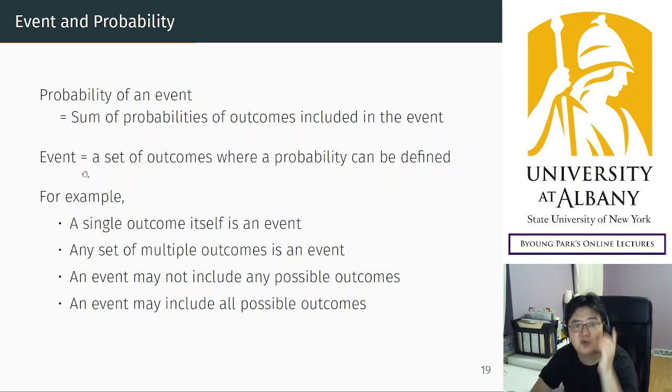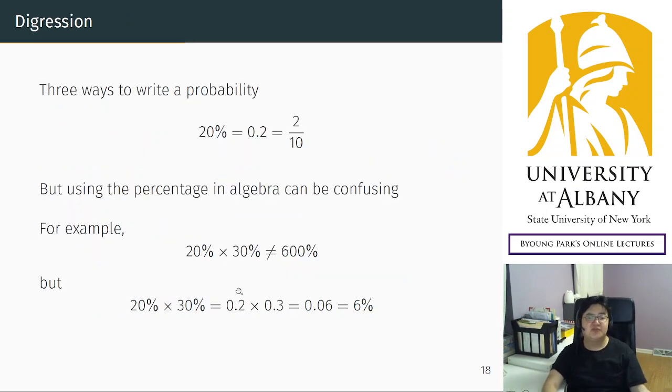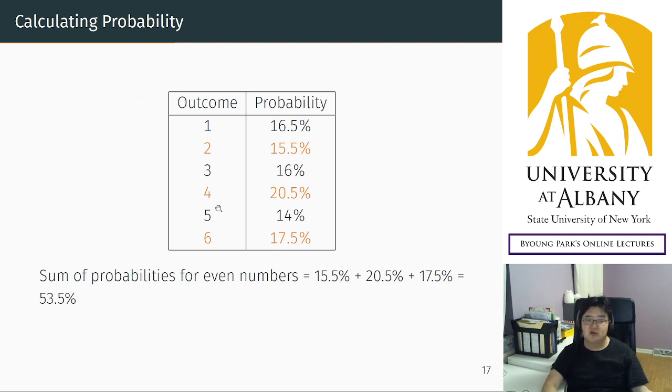Also, what's important here is that probability is assigned to an event. So probability can be defined on an event. For example, the single outcome itself is an event, or any set of multiple outcomes is an event, like even numbers, with three outcomes included in the event.